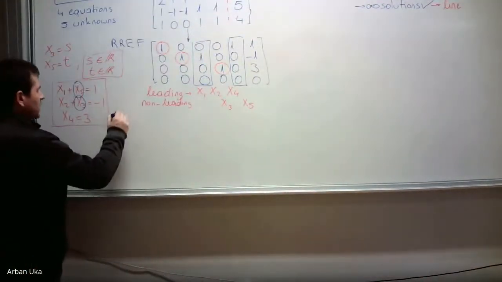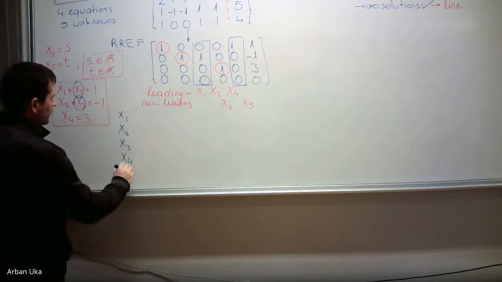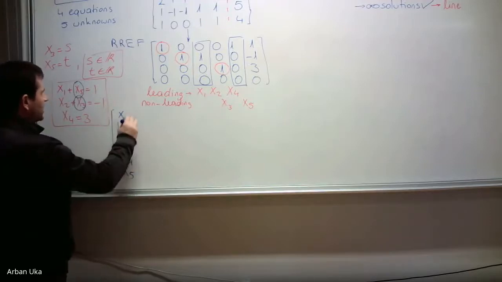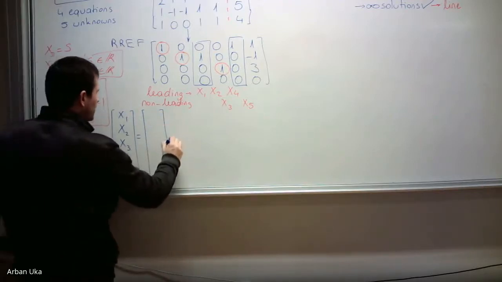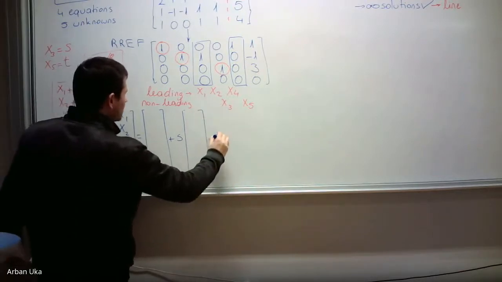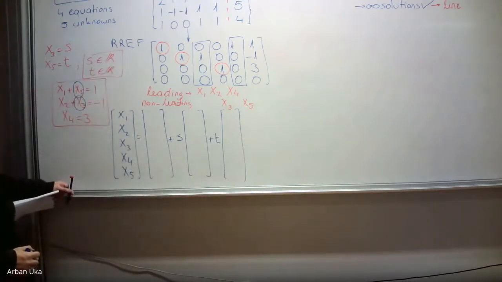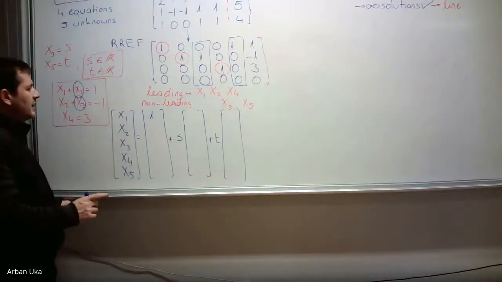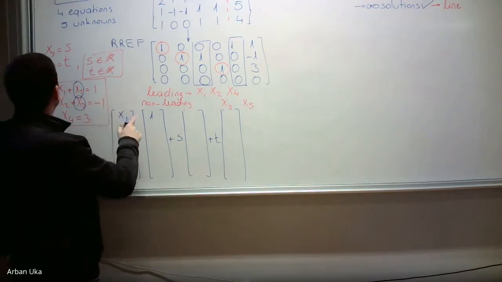Let's write for a moment x1, x2, x3, x4, and x5 as a constant term, plus s times another vector, plus t times another vector. So what is x1? 1 minus t. Then 1, and 0, and minus 1. Now x5 is t.